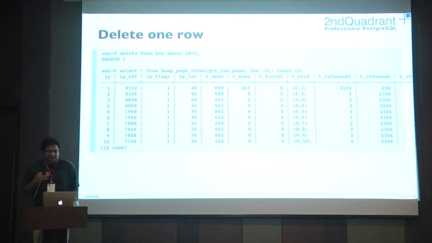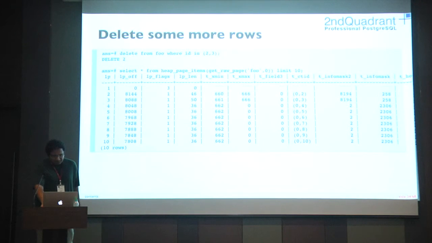Any transactions that have an xid larger than xmax will not see that row, or know not to look at that row when they're operating on stuff. So we've deleted one tuple, and we've seen that the tuple is still there. It's still line pointer 1, but we've just set it as being invisible to snapshots after the delete.